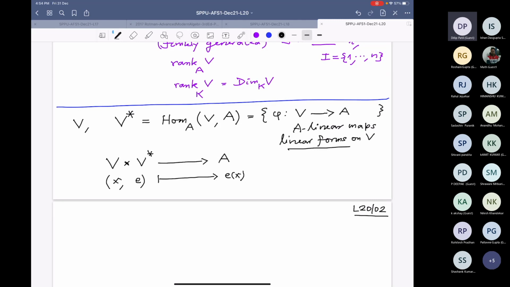And when they need some special attention to the fact that it is a field, then I will mention it explicitly that this will work only for the fields. And I will keep calling this A as a base ring. A is a base ring.